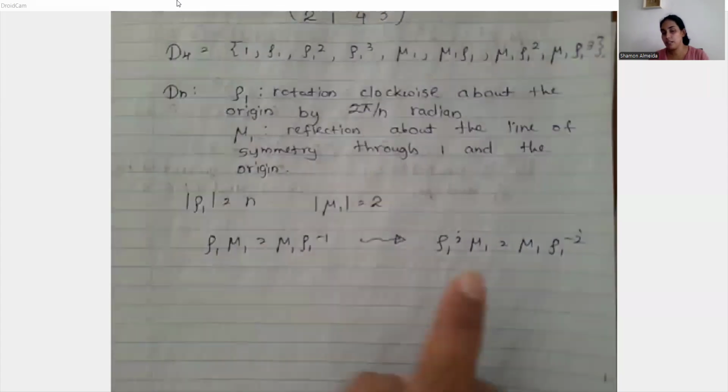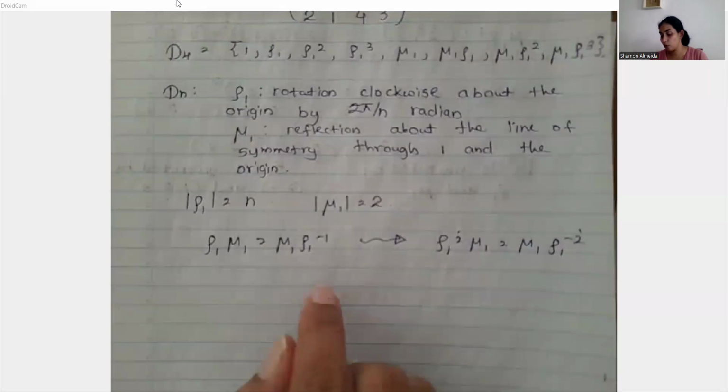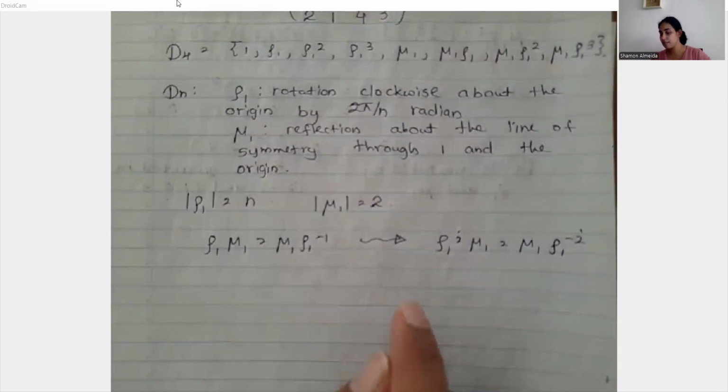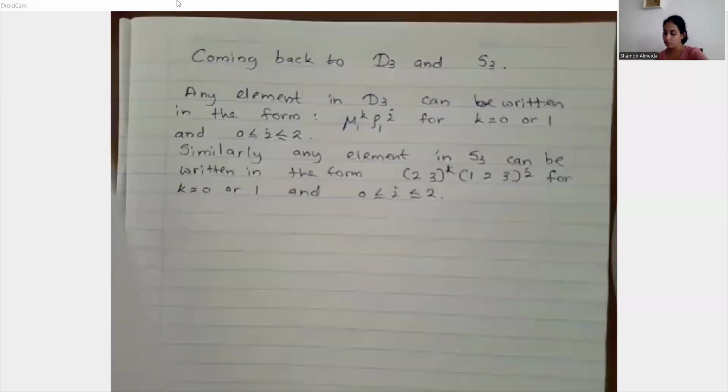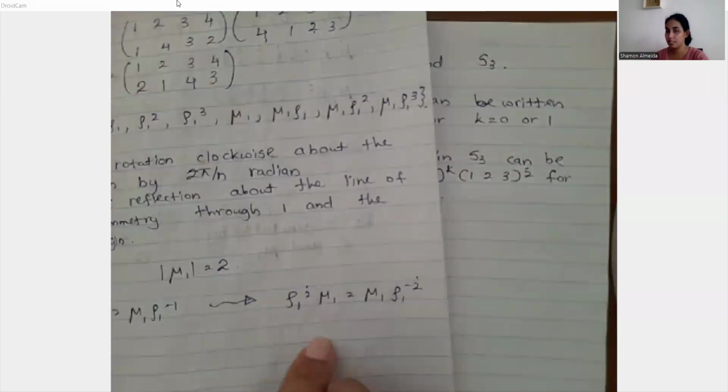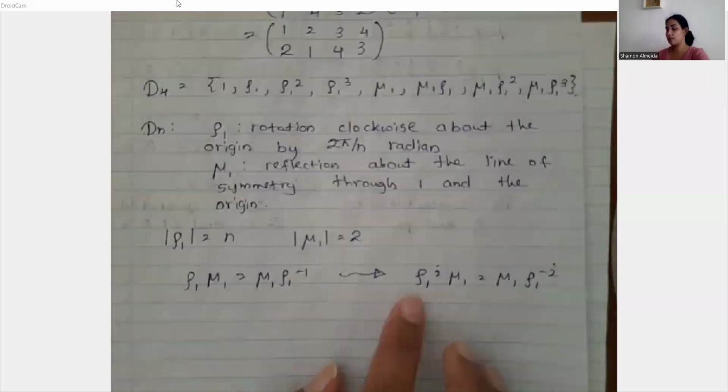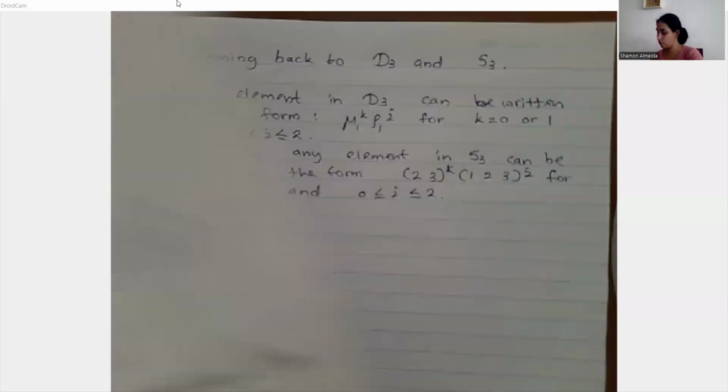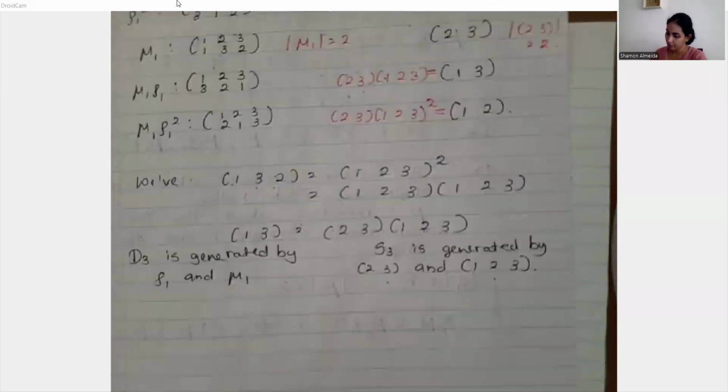These are the two relations for rho 1, mu 1 in D3. We have a very similar relation for S3, where we simply replace mu1 and rho 1 by the corresponding elements in S3.